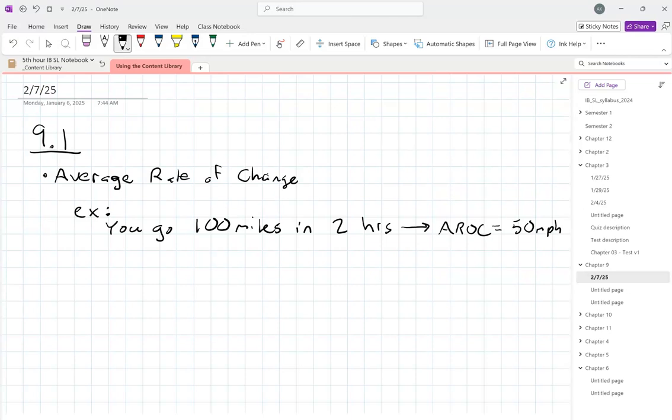Now, on that trip where you went 100 miles in 2 hours, were you going 50 miles an hour the entire time? No, right? You probably had to back out of your driveway. You drove on some neighborhood streets that were probably 25 miles per hour.